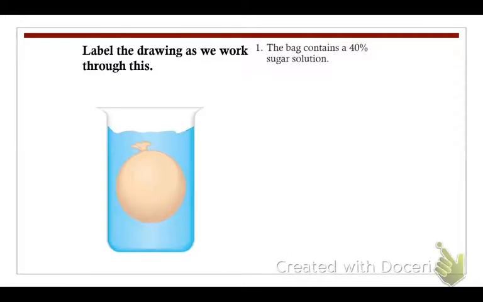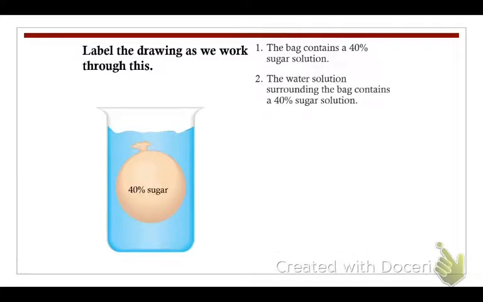Okay, so the bag contains a 40% sugar solution, so hopefully you put 40% sugar in there. The water solution surrounding the bag contains 40% sugar solution. So this is also 40% sugar, right?